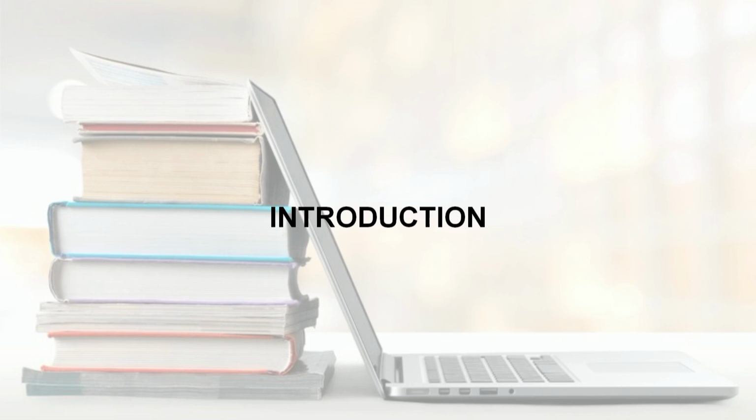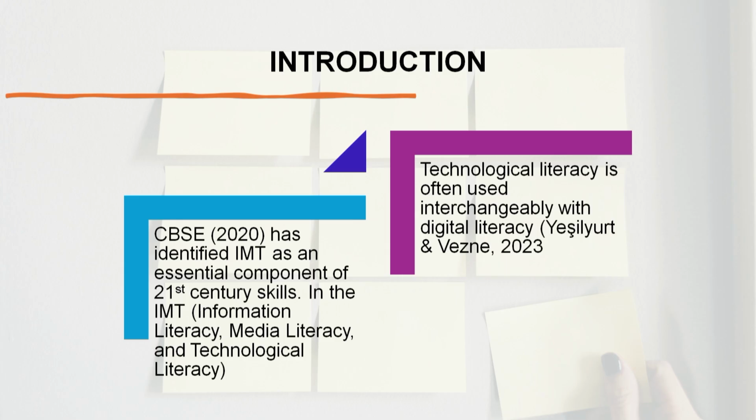As discussed in the first lecture of this module, CBSE 2020 identified IMT as an essential component of 21st century skills. That meant information literacy, media literacy, and technological literacy. We will specifically deal with technological literacy, often used interchangeably with digital literacy.